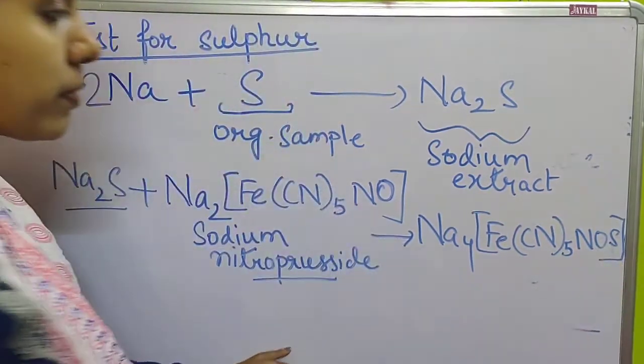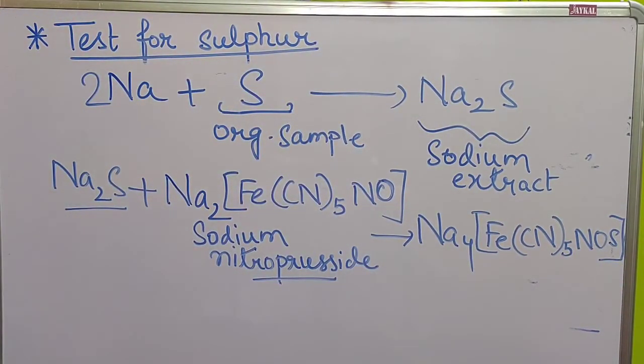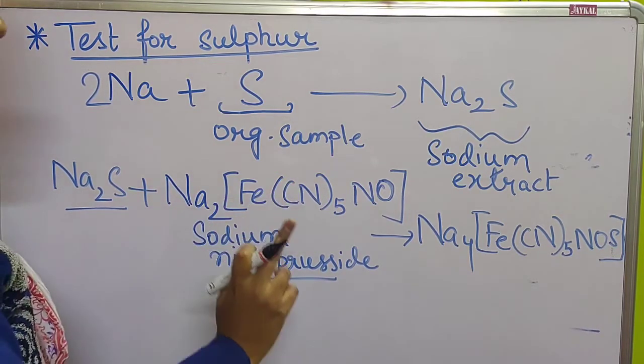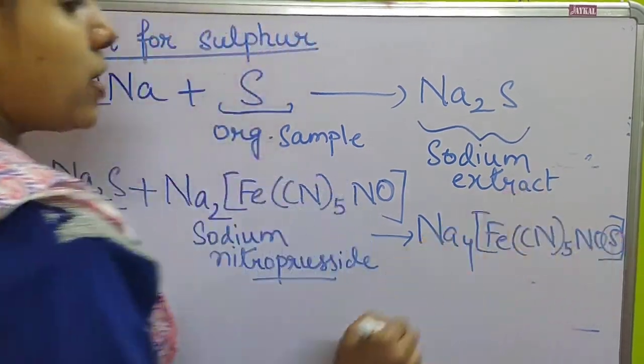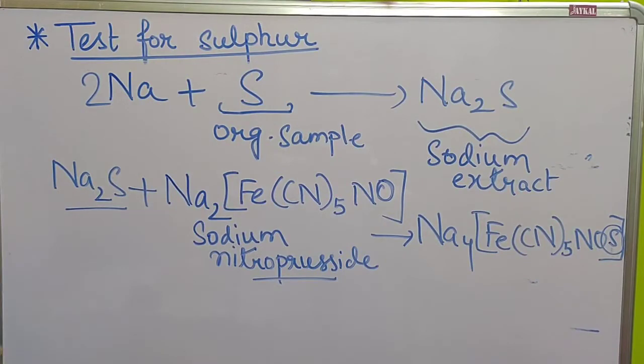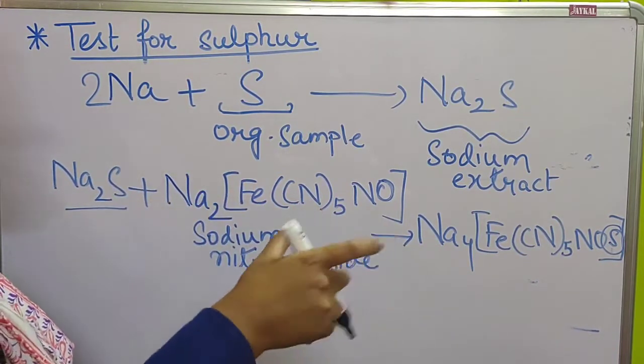This compound will be obtained, and it is known as sodium thionitroprusside. This was sodium nitroprusside and this is sodium thionitroprusside. Thio, why? Because sulfur is present.